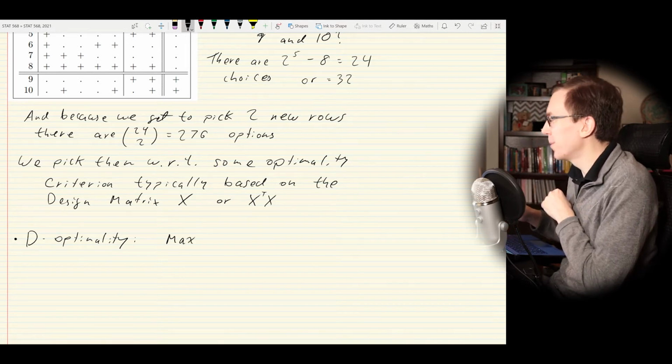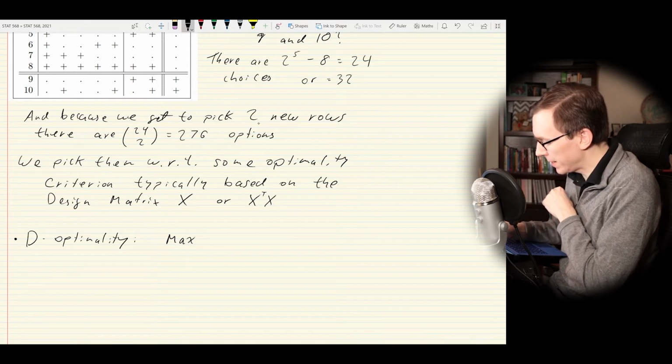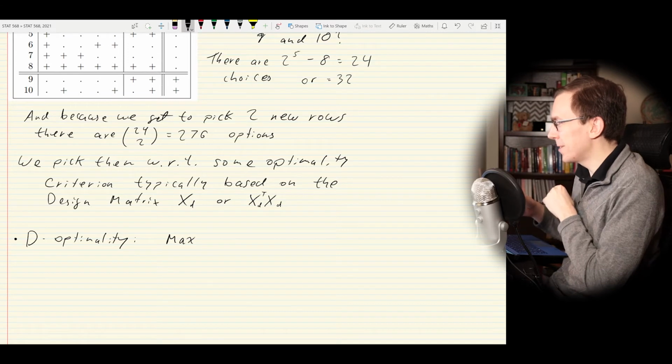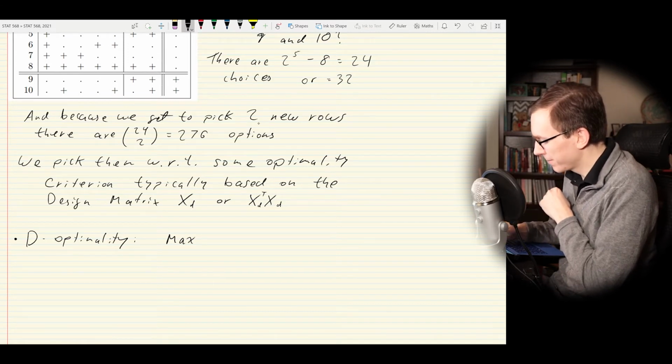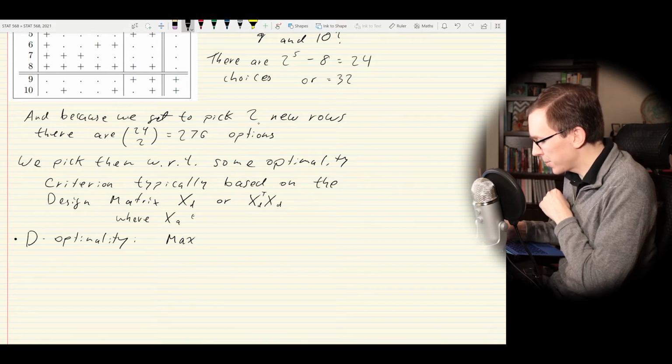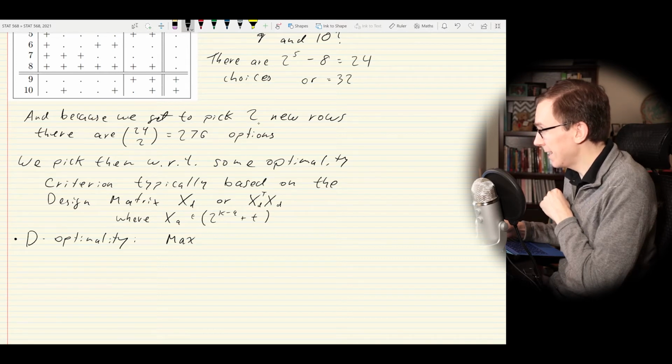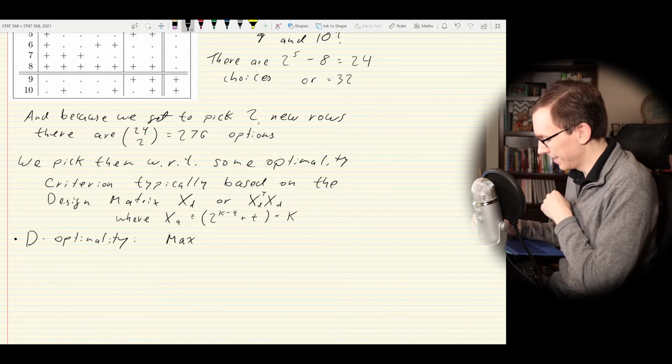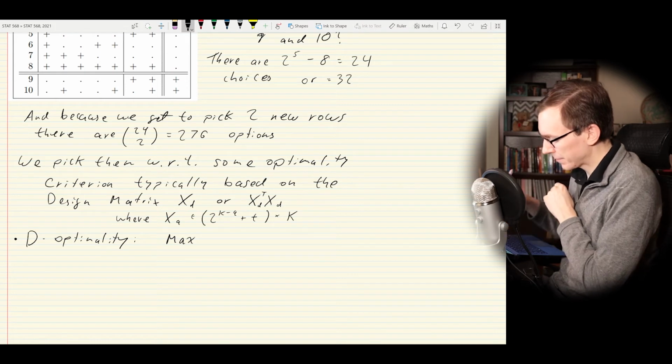So the idea is that I was also using the notation X sub D, just to say that this is our design matrix, where X sub D is a matrix and it has 2 to the K minus Q plus T rows and K columns.